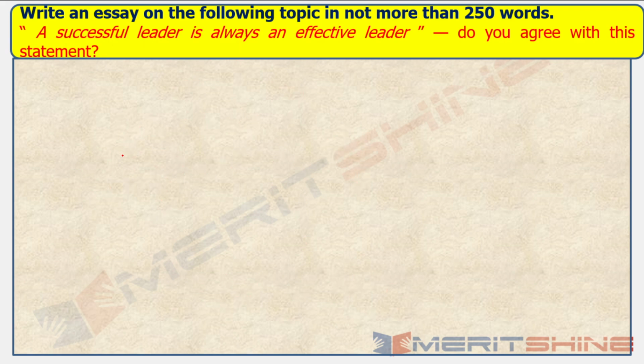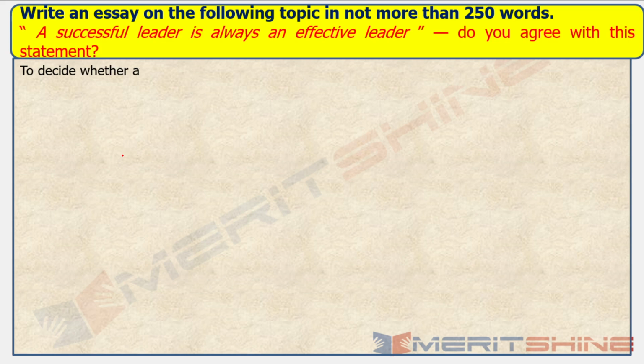Okay, so let's look at the essay now. What data would I pick up? I would pick up Fred Luthans' experiment, and I would also pick up the differences that I showed you: a successful leader is successful in the short term, and an effective leader is successful in both the short term as well as the long term. So let's look at the answer.